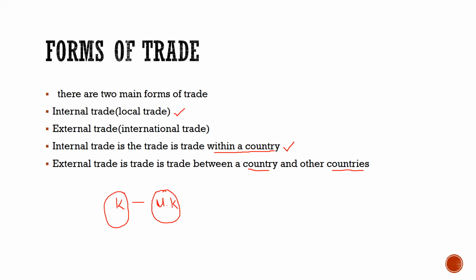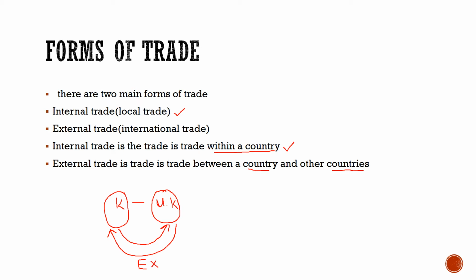This is external trade, which is also known as international trade. Kenya exports flowers to the UK, and the UK exports medicine. They bring the medicine to Kenya. This type of trade is what we call external trade, and another name for external trade is international trade.